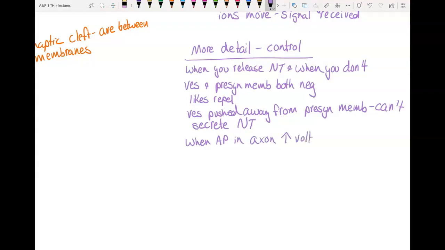This then stimulates the calcium gates in the knob to open. The calcium comes in.